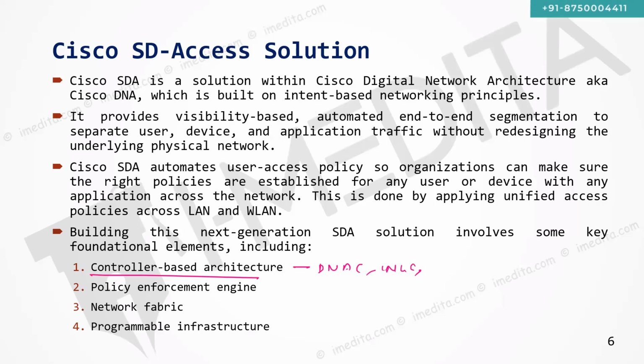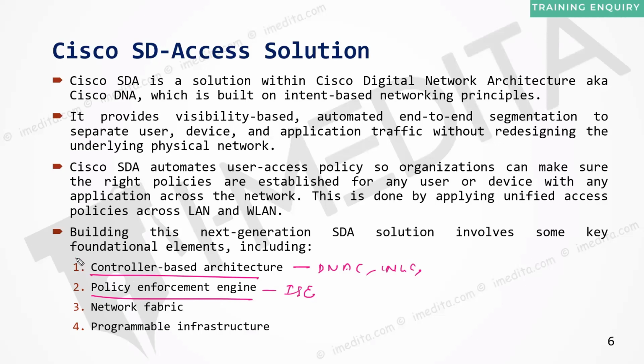DNS center will just interact with the WLC and send instructions to it. The WLC is the one responsible for managing all the access points from one centralized place. DNS center is not the WLC, just like DNS center is not the ISE. DNS center is not the actual policy enforcement engine. The actual policy enforcement engine is still the Identity Services Engine. DNS center will push the configurations to the ISE, and ISE will deploy the policies in the network.